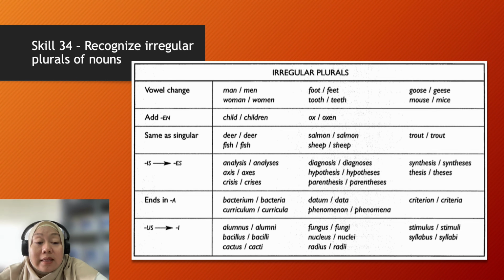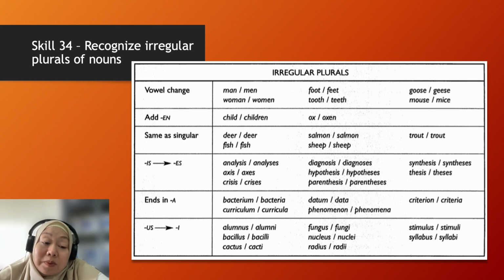And then the fifth one ends in a, suffix a. Bacterium becomes bacteria, curriculum becomes curricula, datum becomes data, phenomenon becomes phenomena, criterion becomes criteria.